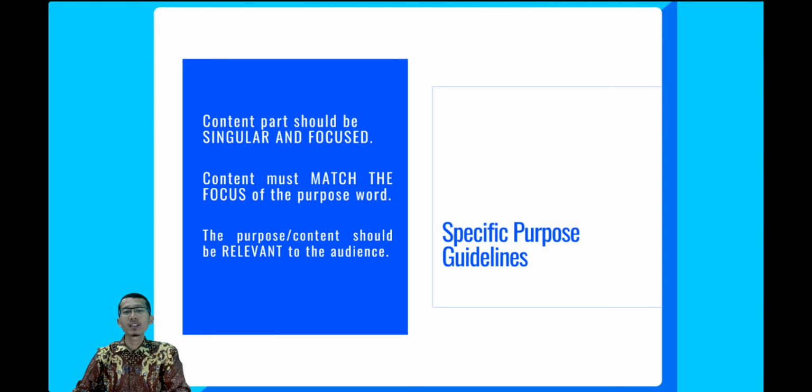A common error is to match an informative purpose with persuasive content, a clause or phrase. "To explain to my classmates why term life insurance is a better option than whole life insurance policies" is a good example of a problem here. Third, the specific purpose statement should be relevant to the audience.